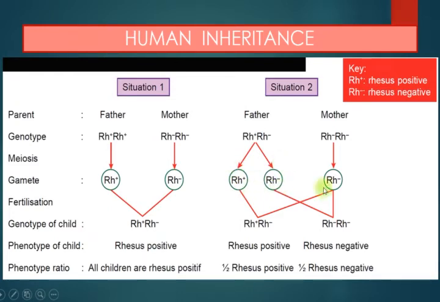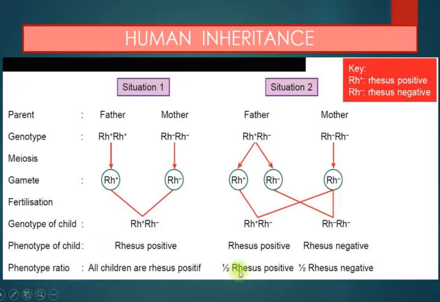The mother will produce gametes with only the rhesus negative allele. After that, fertilization occurs. The possible genotypes of the child are Rh positive Rh negative, and also Rh negative Rh negative. So the possible phenotypes of a child are rhesus positive and rhesus negative.